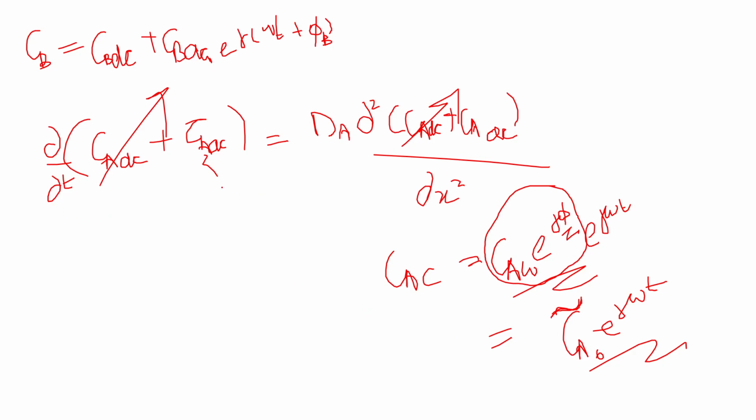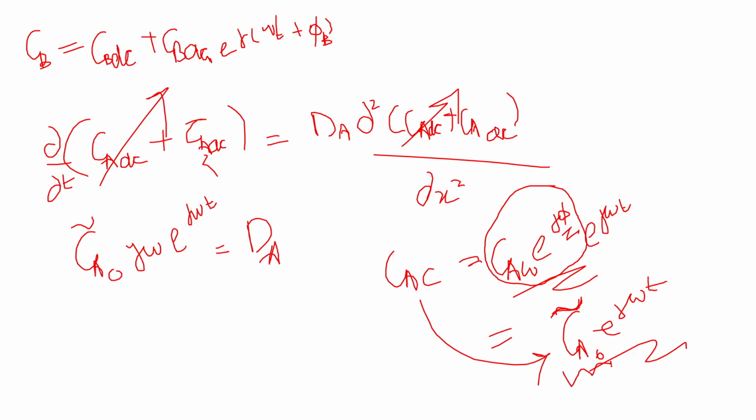Now what happens? What is dou by dou t of CAC? CAC is this one. So I'll get, the first term is a constant, that is CA naught, and the next term e raised to j omega t. If I differentiate it, I'll get j omega e raised to j omega t, right? Now the next term, that is DA dou square CAC by dou x square. e raised to j omega t doesn't vary with x, right?